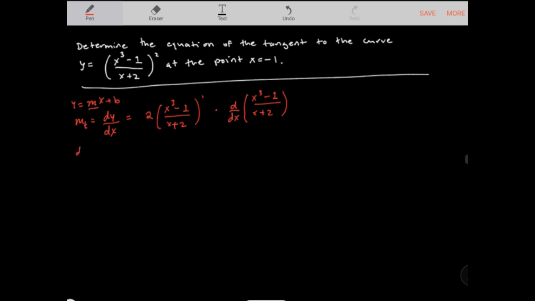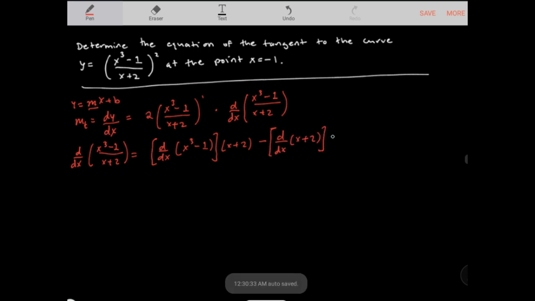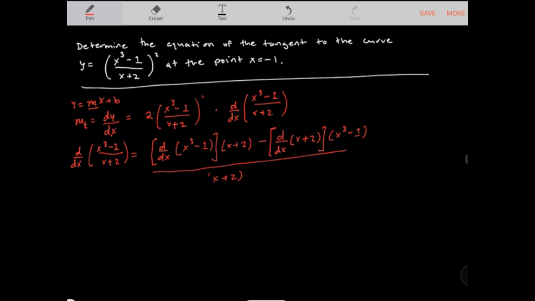Recall that for the quotient rule, you need the derivative of the numerator, x cubed minus 1, times the denominator, x plus 2, minus the derivative of the denominator, x plus 2, times the numerator, x cubed minus 1, all divided by x plus 2 squared.